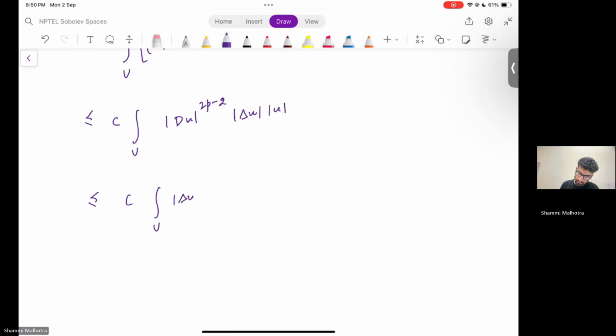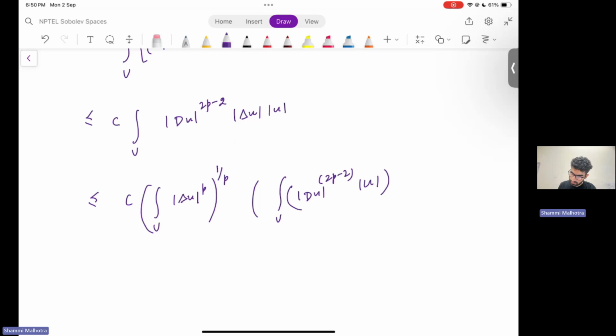So it's like mod u raised to the power p, the Laplacian of u raised to the power p, and then we have mod Du to the 2p minus 2, and this exponent will be p upon p minus 1, times mod u.